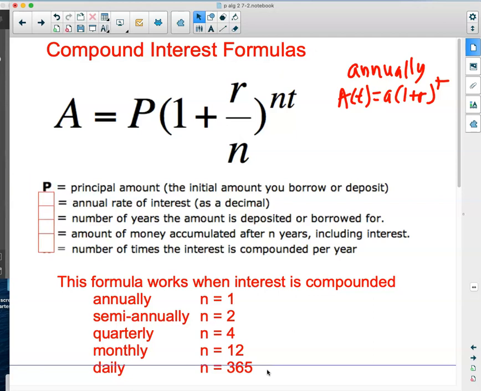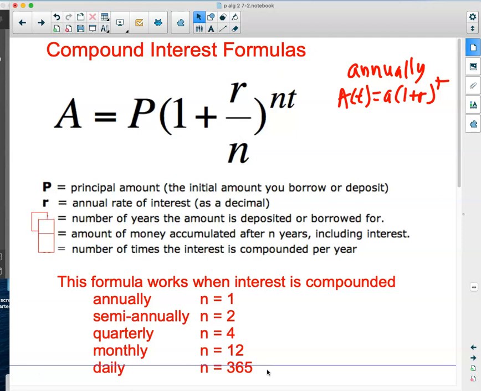So, capital P, principal amount. How much did you put into the bank? That's what that capital P is for. We should be used to this interest rate of our business by now. That's your annual rate of interest as a decimal. Whenever you take a percentage and you put it into a math formula, you have to move the decimal 2 places.